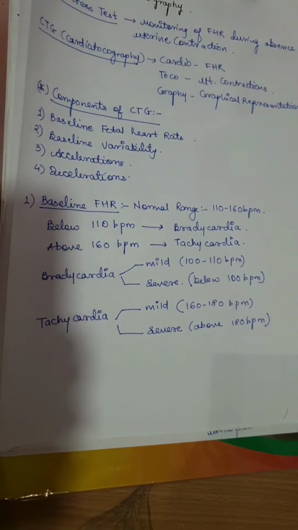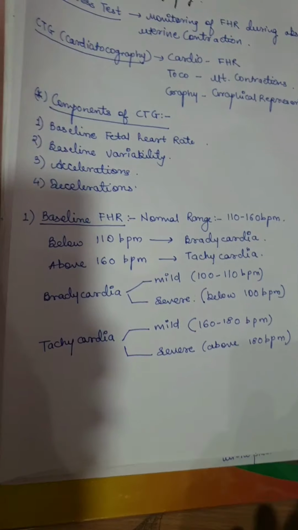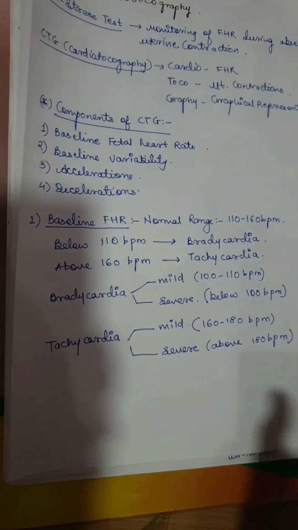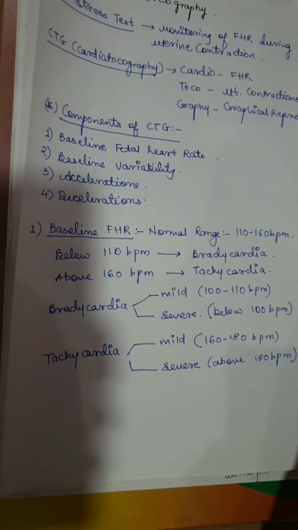If the mother is suffering from hypothermia, or if she is under general anesthesia for any reason, then it might affect the fetal heart rate, and it might show fetal bradycardia for a limited time. Once the anesthesia wears off, the fetal heart rate can come back up to the normal level.